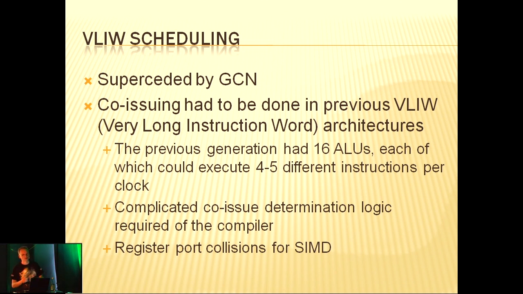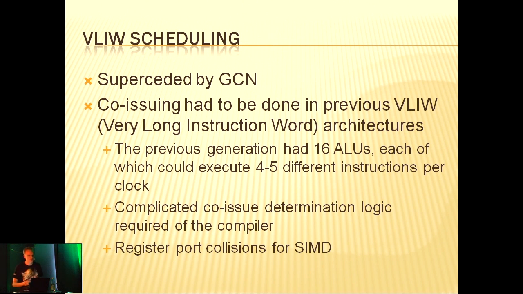This works for graphics because you have a lot of operations going on in pixel shaders and vertex shaders that can be parallelized in a simple way. But for general purpose computing, it just didn't cut it. So that's why this architecture was developed further to provide what is now the GCN architecture.